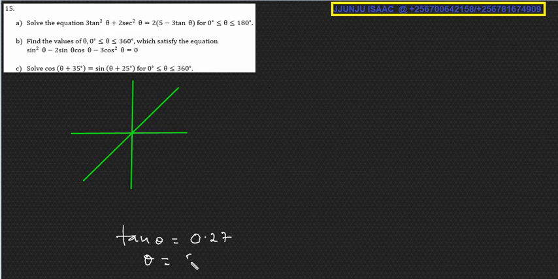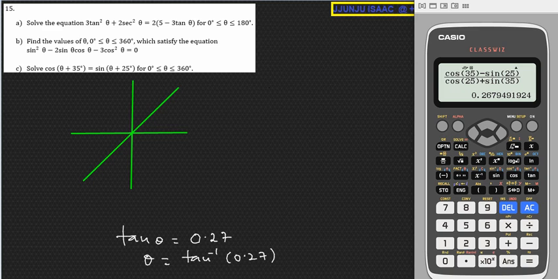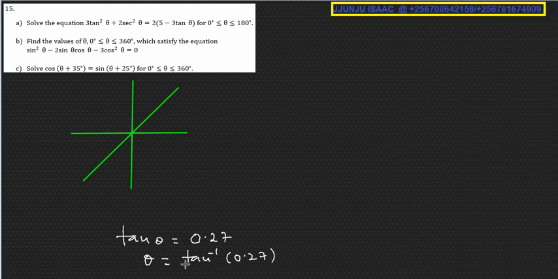So theta is going to be tan inverse of 0.27, and from the calculator, the tan inverse of 0.27 is 15.1 degrees, so we write it here also 15.1.